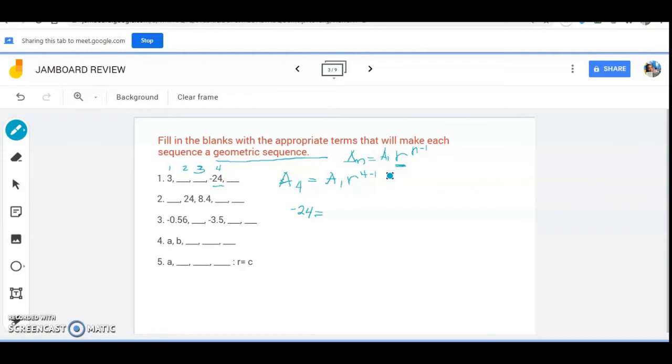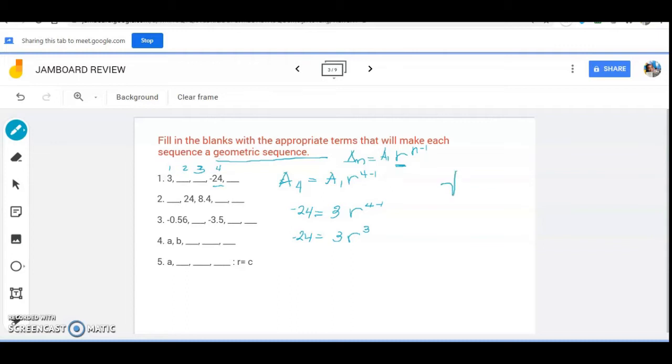Ang value ng ating first term ay 3. Next, nawawalang value ng r. Ang value ng n is 4 minus 1. So, with that, we have negative 24 is equal to 3 r raised to 4 minus 1, which is 3. That is q. Again, ano ang purpose ng radical symbol natin?